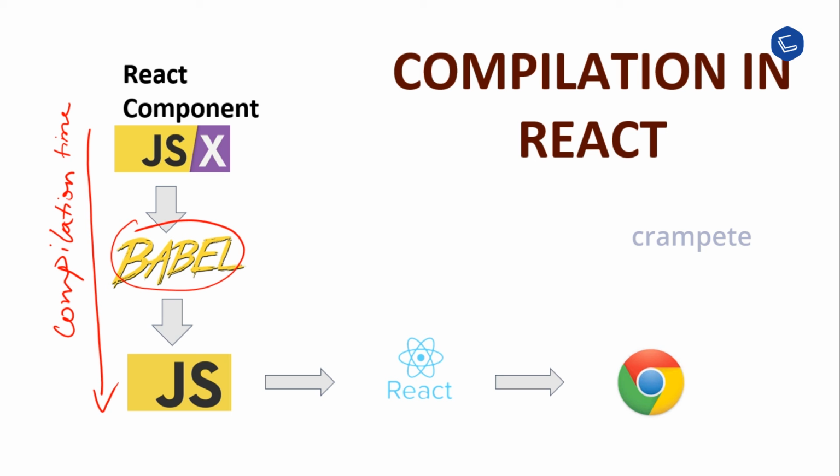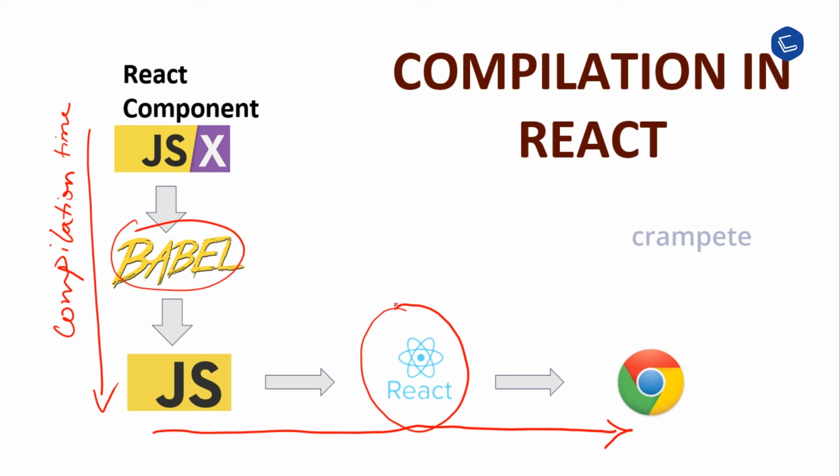At runtime, this plain JavaScript compiled code is loaded into the browser, and there React comes into account. With the help of the virtual DOM, React takes care of updating the state and then loads into the browser and gets executed. This is all about compilation in React.